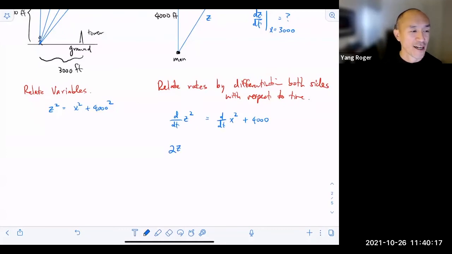Or does someone want to augment this answer? We're missing something. What should go over here? It's dz dt.